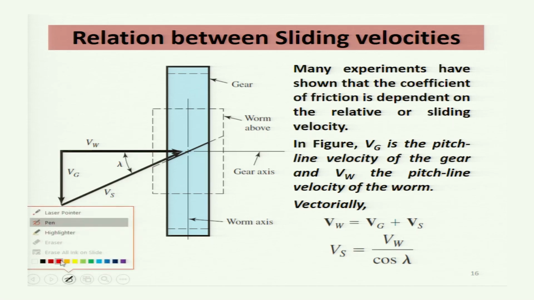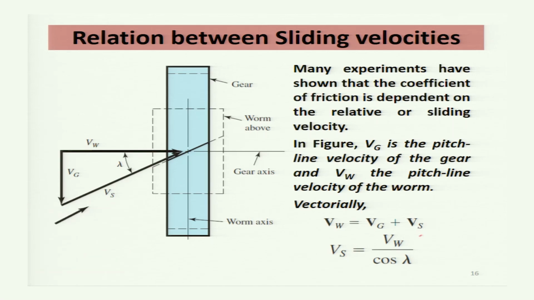Sliding motion means there will be a sliding velocity. Many experiments have shown that the coefficient of friction is dependent on the relative or sliding velocity. The sliding velocity will act along the direction of the screw, tangent to the thread of the worm.